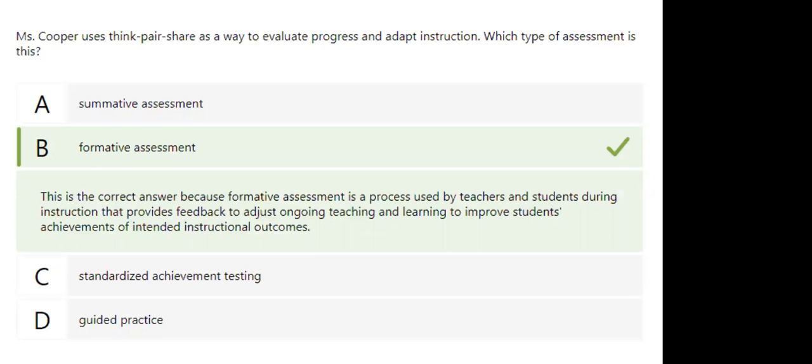This is the correct answer because formative assessment is a process used by teachers and students during instruction that provides feedback to adjust ongoing teaching and learning to improve students' achievement of intended instructional outcomes. You can have many formative assessments throughout your lesson. Special education teachers and general education teachers will use formative assessments to guide their instruction.